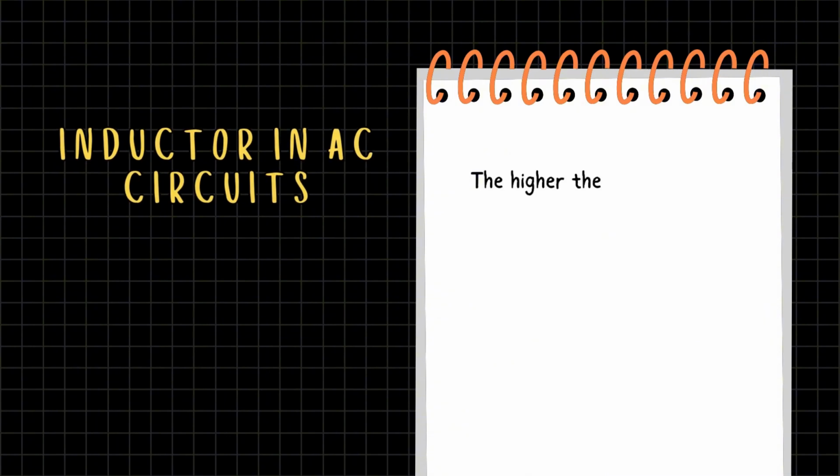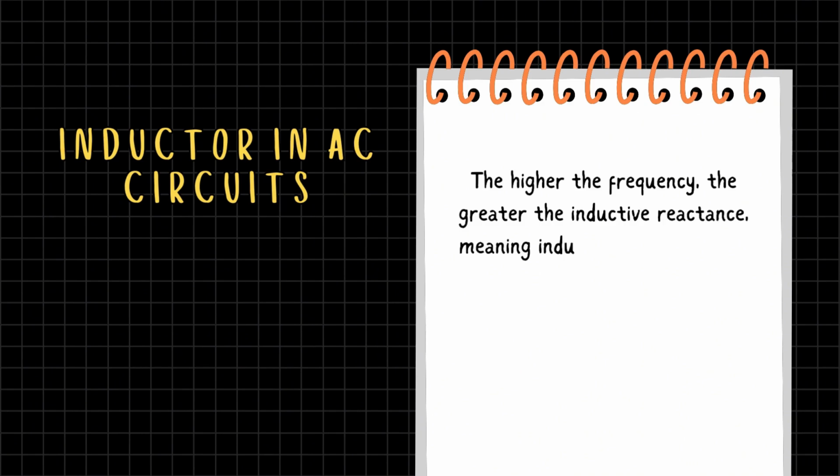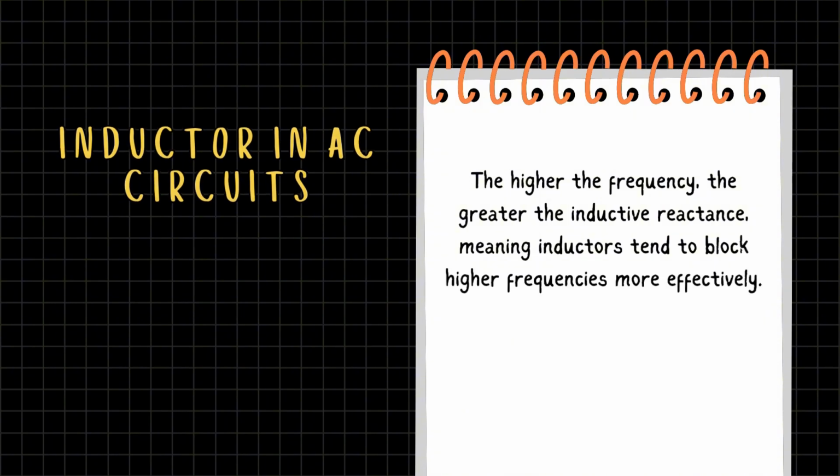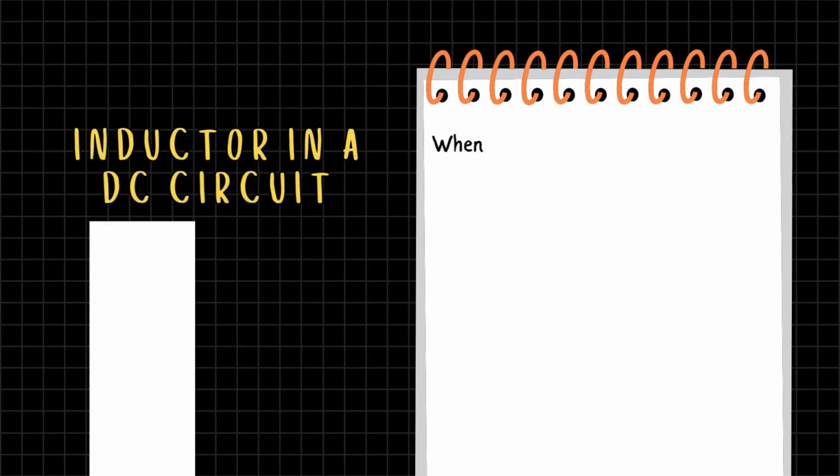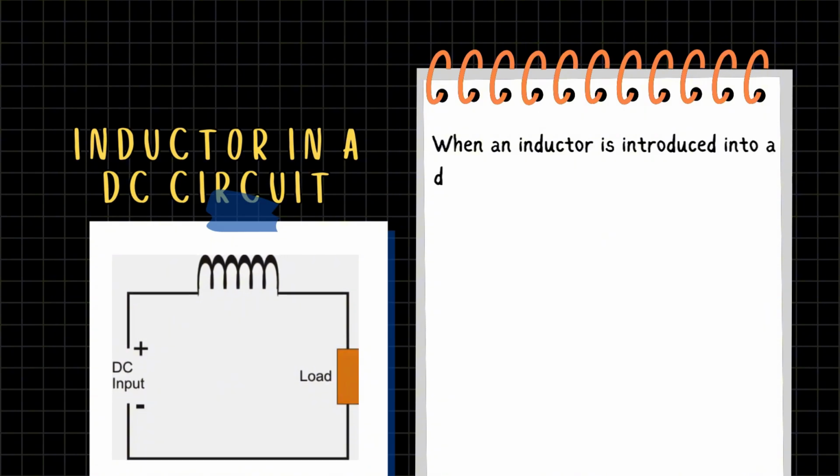Pi is a constant. From this formula, we know that higher the frequency, the greater the inductive reactance, meaning inductors tend to block higher frequency more effectively.